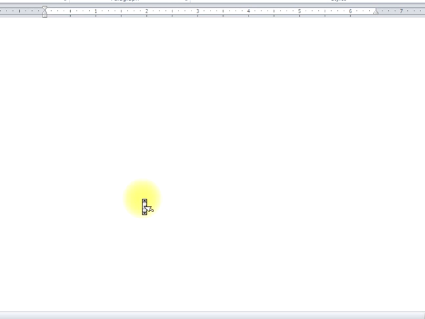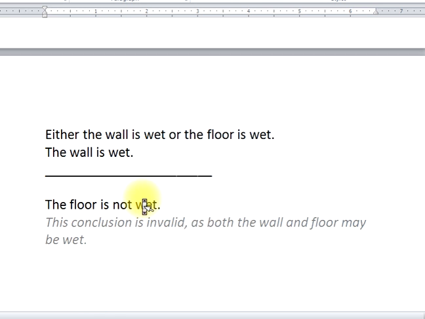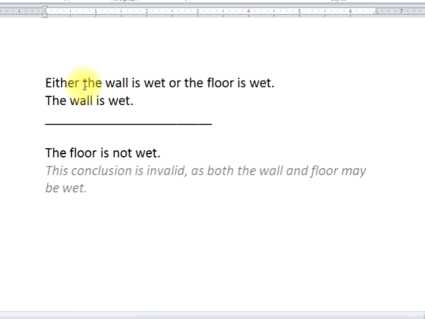Okay, let's take another look. I'm going to put content in now. Either the wall is wet, see here's an option, or the floor is wet, so here's another option. Now if I say the wall is wet, you cannot say then that the floor is not wet. Because can't both be wet at the same time?